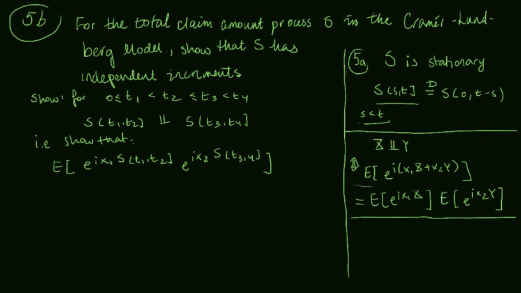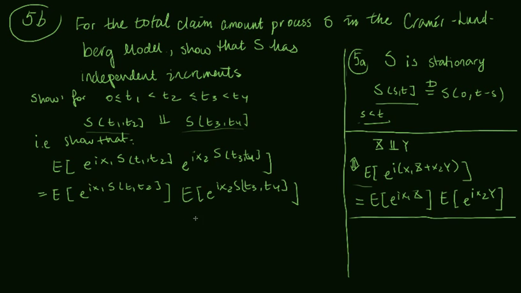This is the characteristic function of the joint distribution of the two total claim amount increments. We want to show that this is equal to the product of the characteristic function of S(t2) minus S(t1) and the characteristic function of S(t4) minus S(t3). Looks like I'm missing a t up here. t3 to t4.